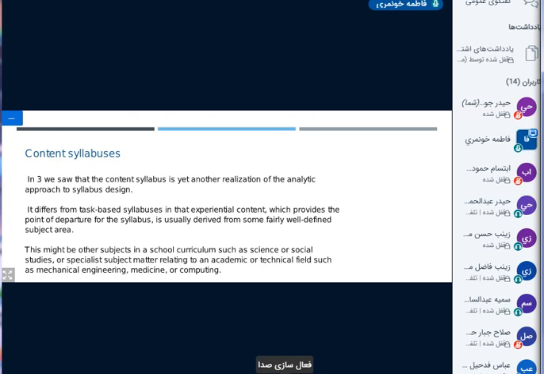Okay, it seems that there are no questions. Let's now then move to content-based syllabus. What is content-based syllabus? Can you explain, please?